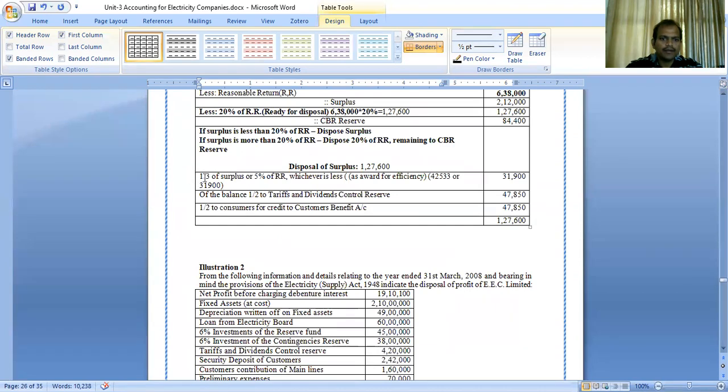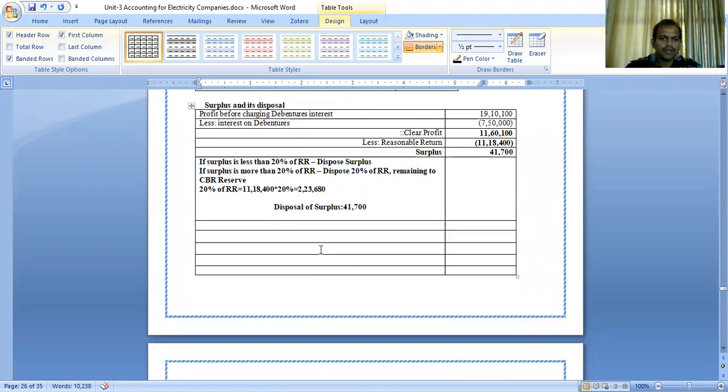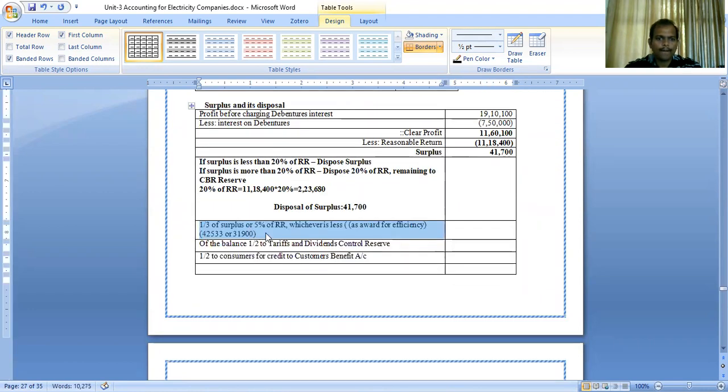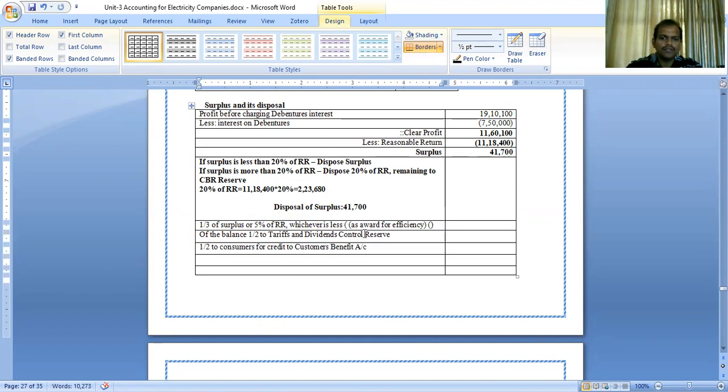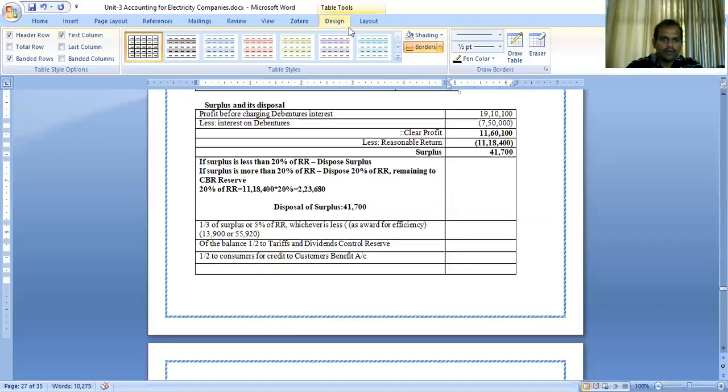Disposable criteria is 1/3 of surplus, or 5% of reasonable return, whichever is less. So 1/3 of surplus is 13,900 or 5% of reasonable return, that is 55,920, whichever is less. In the sense, 13,900 is the lesser amount.